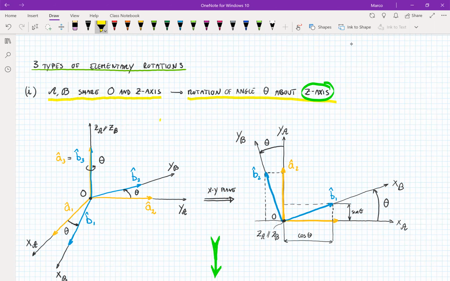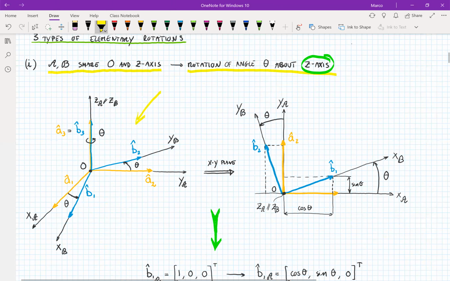You can see here to the left, we have a three-dimensional visualization of the two reference frames. And you see that we rotate about the z-axis so that the x and the y-axis rotate by an angle of theta.